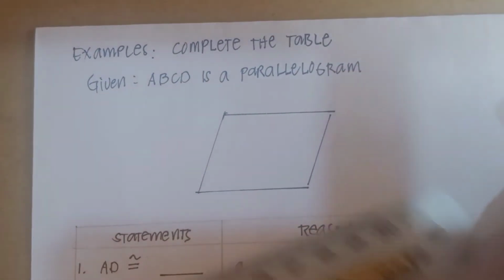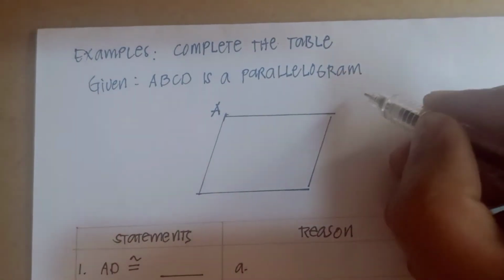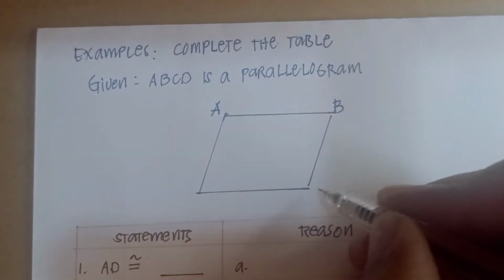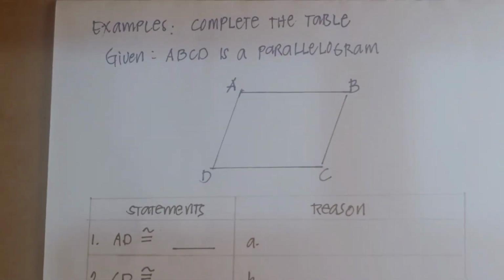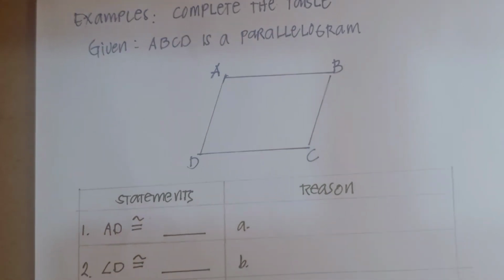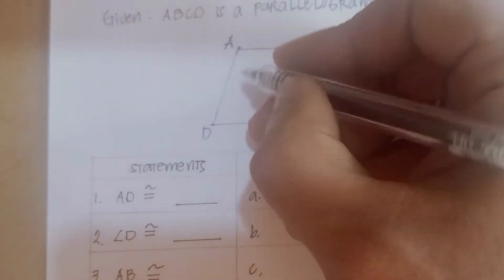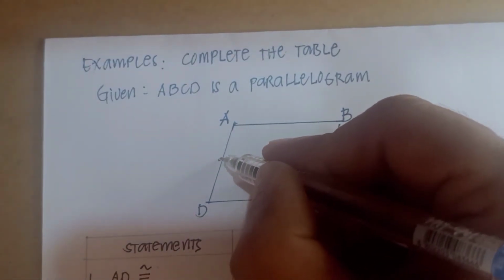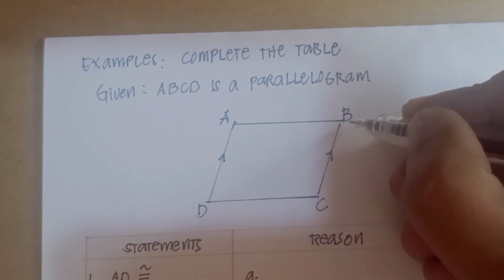Okay, so pangalanan natin to as A, di ba pinapangalanan ng isang quadrilateral, magkakasunod na vertex. ABCD is a parallelogram. Okay, so statement number 1, this is a parallelogram. Ito ay parallel and congruent. Yung AD ay parallel and congruent sa BC.